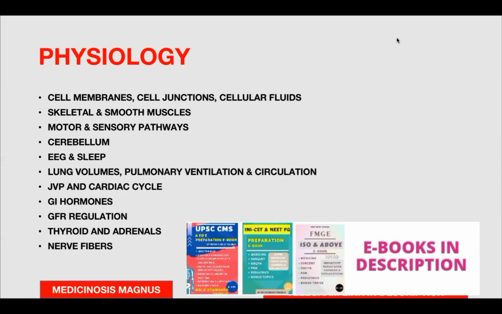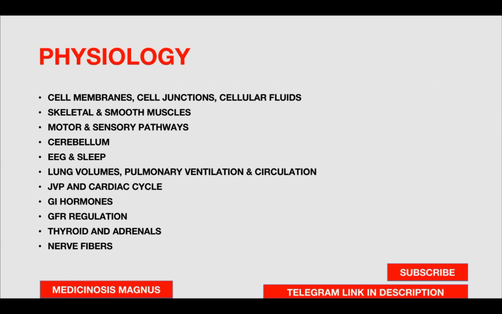In physiology, cell membrane, cell junctions, cellular fluids, skeletal and smooth muscles, all the points. Motor and sensory pathways of the nervous system, cerebellum, ECG, EEG and sleep. EEG findings are very important, and sleep type of waves is very important.